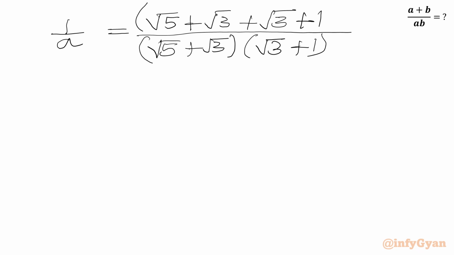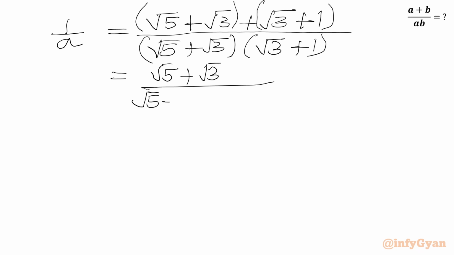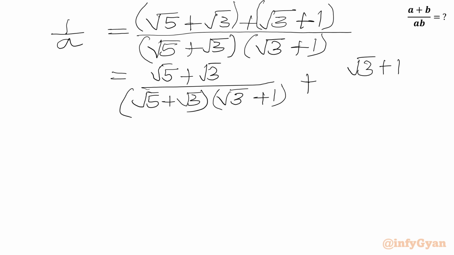Now I will split our numerator with respect to these two brackets. So we can write (root 5 plus root 3) over (root 5 plus root 3) times (root 3 plus 1), then we'll write a plus sign, then (root 3 plus 1) over (root 5 plus root 3) times (root 3 plus 1).